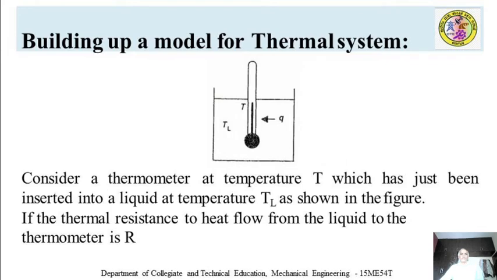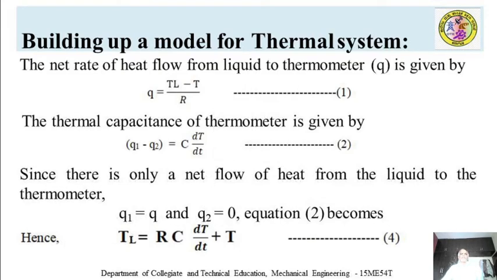Now to build up a model for a thermal system, consider a thermometer at temperature T which has been inserted into a liquid at temperature TL as shown in the figure. If R is the thermal resistance to heat flow from the liquid to the thermometer, then Q is equal to (TL minus T) by R. Thermal capacitance of the thermometer is given by Q1 minus Q2 equals C dT by dt.